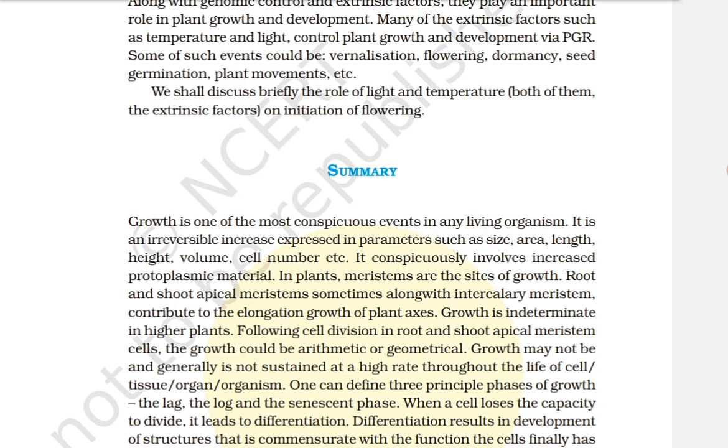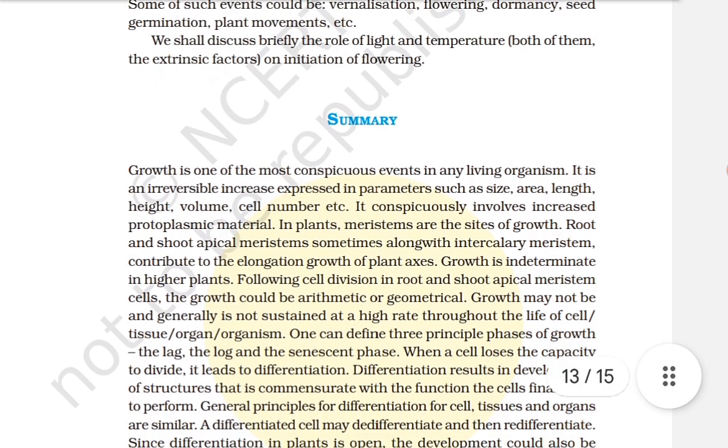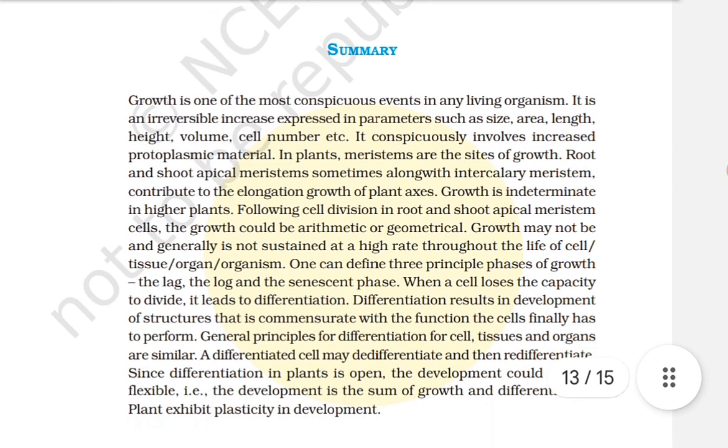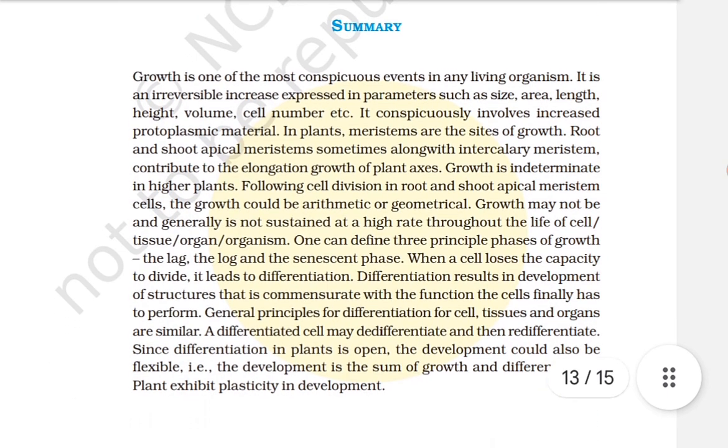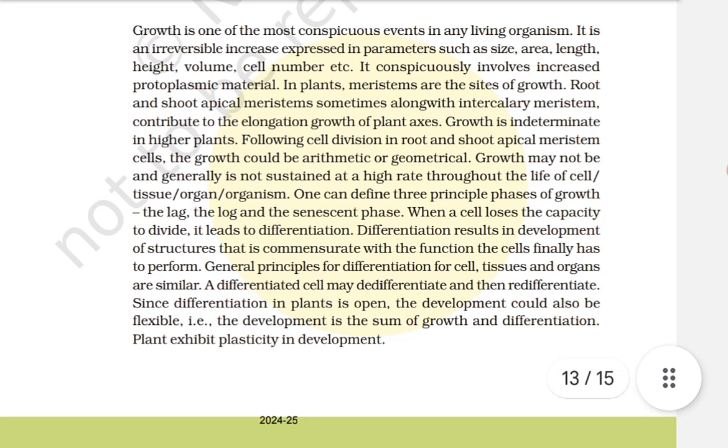Some of such events could be vernalization, flowering, dormancy, seed germination, plant movements, etc. We shall discuss briefly the role of light and temperature, both of them the extrinsic factors, on initiation of flowering.